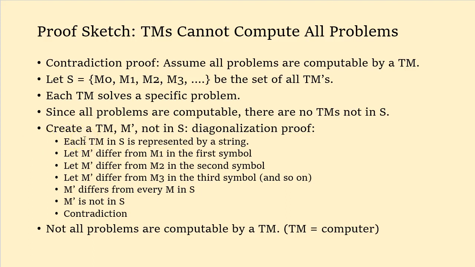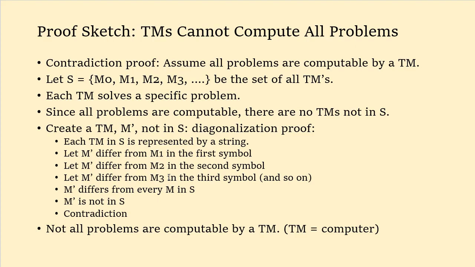Now what do I do? I let M prime differ from M1 in the first symbol, and then I let M prime differ from M2 in the second symbol, and M prime differ from M3 in the third symbol, and so on and so on. It's called the diagonalization proof because if you had written all these strings up on the board, one below the other, you're going through the diagonal.